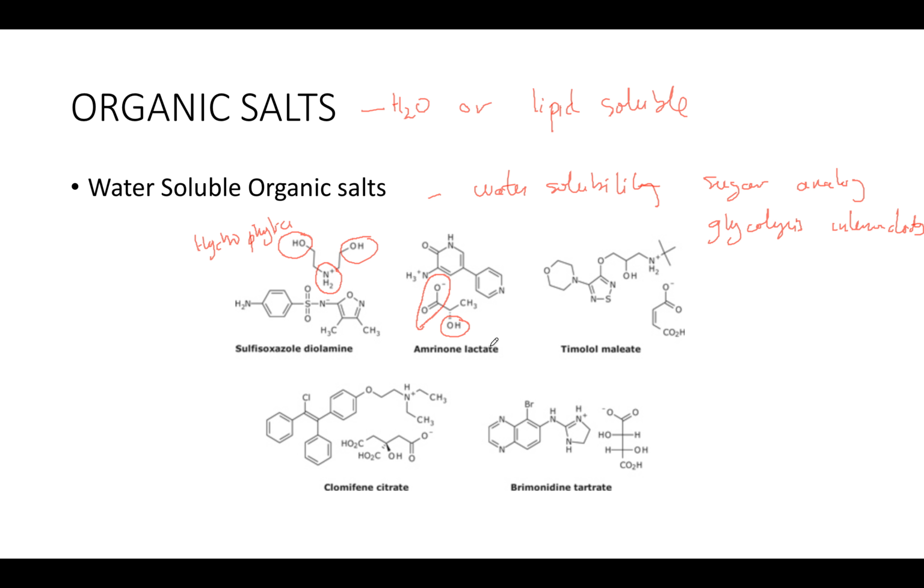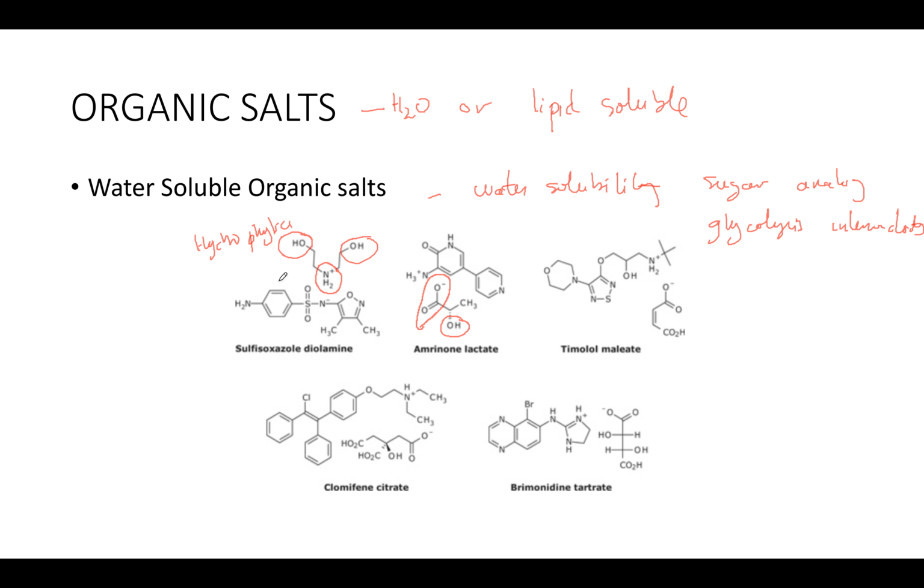Now, sulfisoxazole is a good example of how water-soluble organic salts can produce enhanced water solubility. So the sulfisoxazole diolamine can be solubilized at physiological pH. However, sulfisoxazole sodium by itself is going to require a much more basic pH to be solubilized.